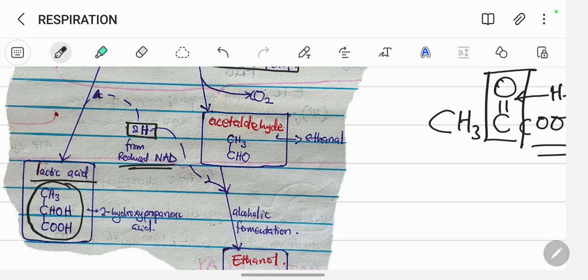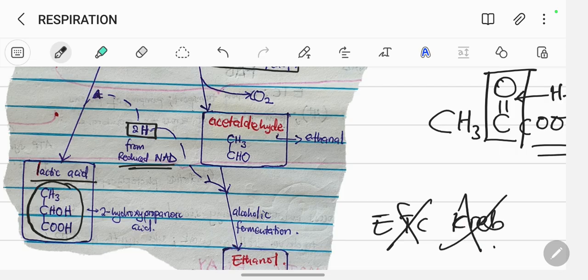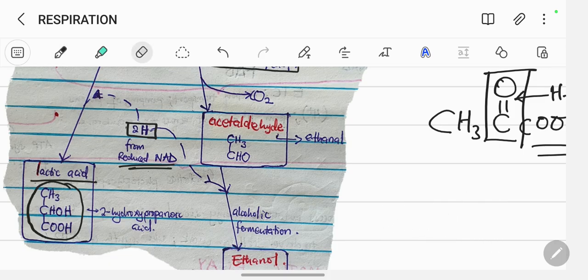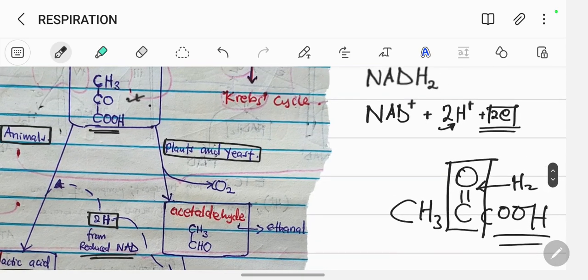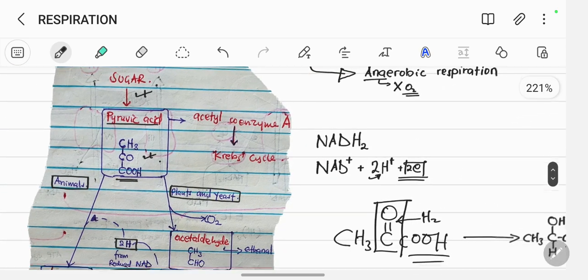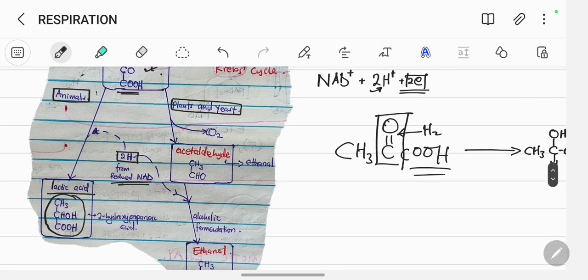If the electron transport system is blocked, Krebs doesn't function. So the Krebs cycle stops functioning. As for glycolysis, that glycolysis still continues, but it takes an alternative route. Give the hydrogens to pyruvate. Pyruvate turns to lactic acid.